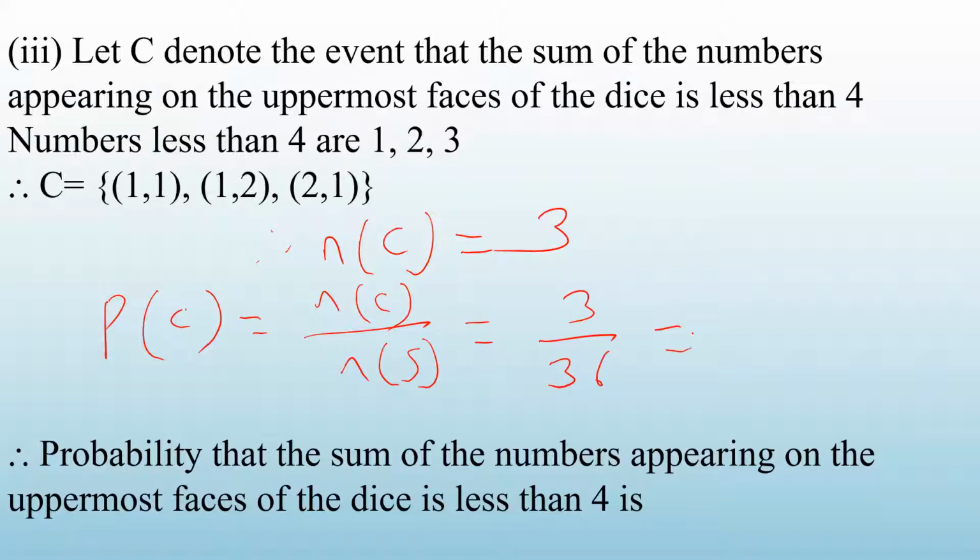Find out what that is. 3 divided by 36 is equal to 0.083. So we can take 0.08. Okay. So the probability that the sum of the numbers appearing on the uppermost faces of the dice is less than 4 is 0.08.